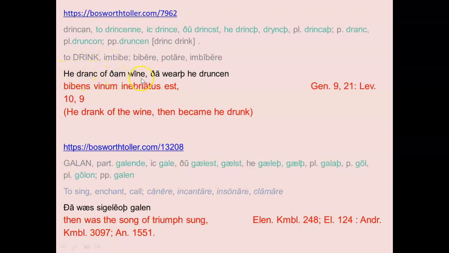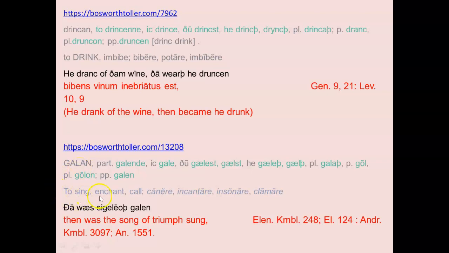He tham off thamwina, tha weareth he drunken. Here in the secondary clause we have drunken: he drank of the wine, then became drunk. The past participle form has gone to the end.